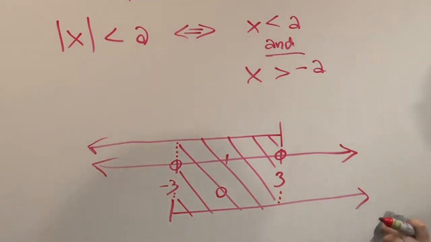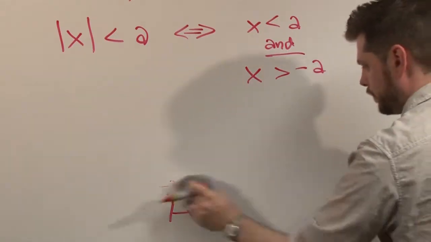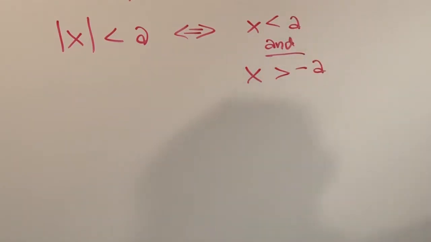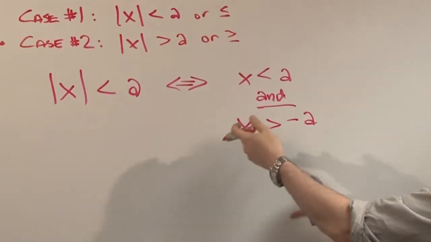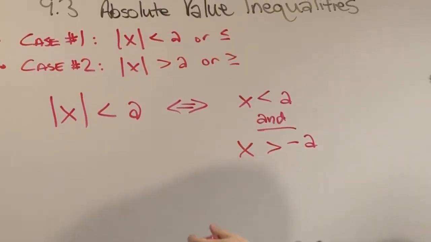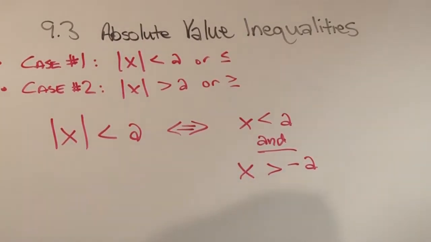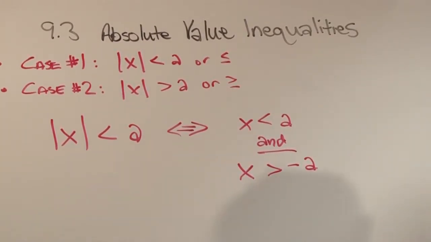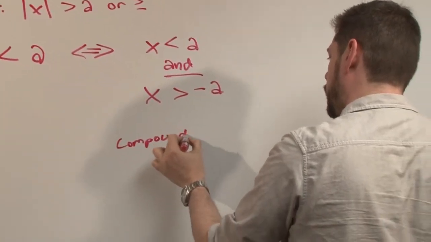So another convenient way, and I think a more useful way of writing this. I mean, you could split this into two separate inequalities and solve for x in both cases. But we can rewrite this according to what we learned in section 9.1 as a compound inequality.